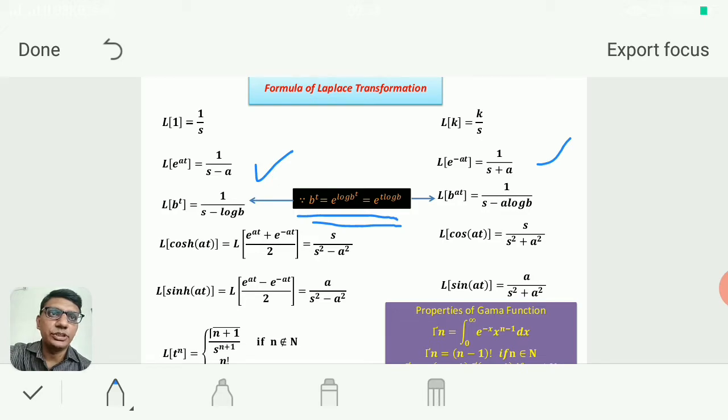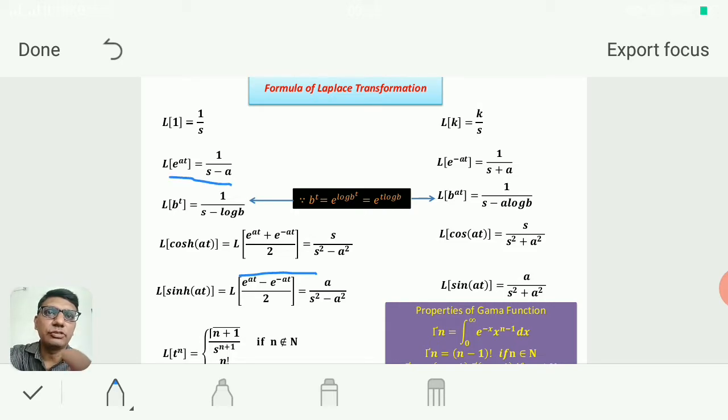Similarly, Laplace transformation of b raised to at is 1 upon s minus a log b. Now Laplace transformation of cos hyperbolic at is equal to Laplace of e raised to at plus e raised to minus at upon 2. Now we apply the linear property of the Laplace transformation, so 1 by 2 comes outside, and Laplace of e raised to at plus Laplace of e raised to minus at.